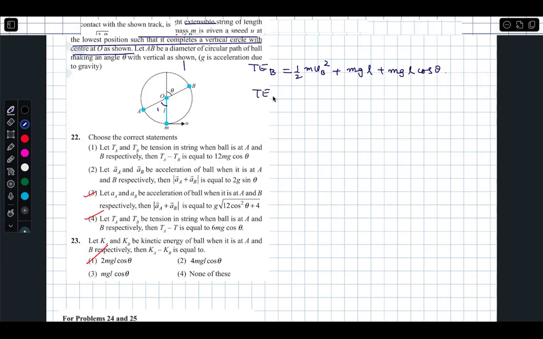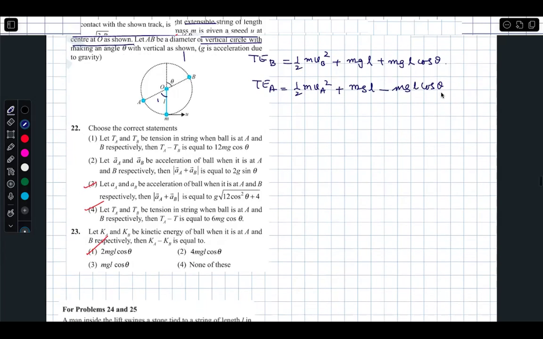Total energy at A is half m vA square plus mgL minus mgL cos theta. I think you got my point. Right.